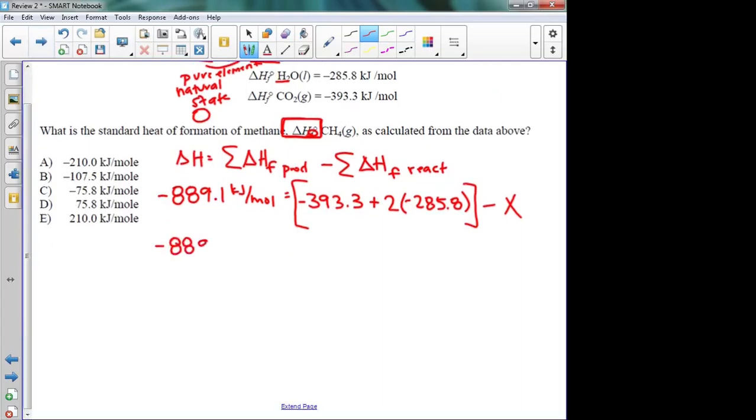Negative 889.1 is equal to negative 393.3 plus 2 times negative 285.8, so times 2. 2 times 8 is 16, carry your 1. 2 times 5 is 10, plus 1 is 11, carry your 1. 2 times 8 is 16, plus 1 is 17, carry your 1. 2 times 2 is 4, plus 1 is 5. Minus X.